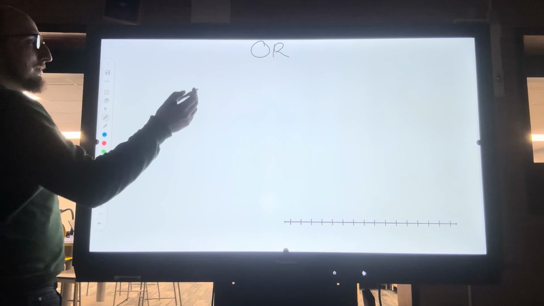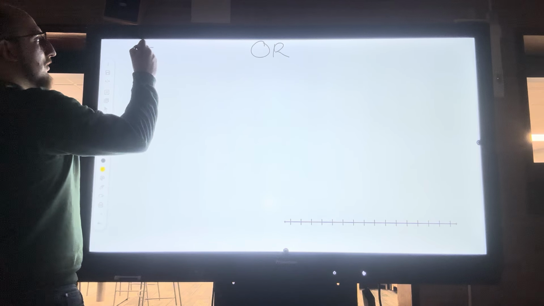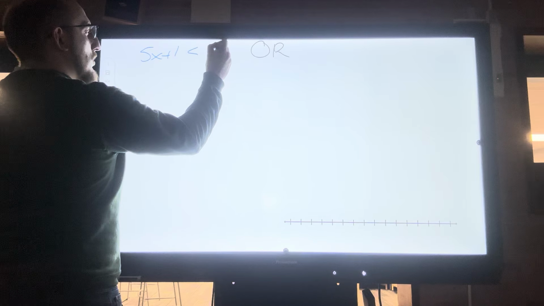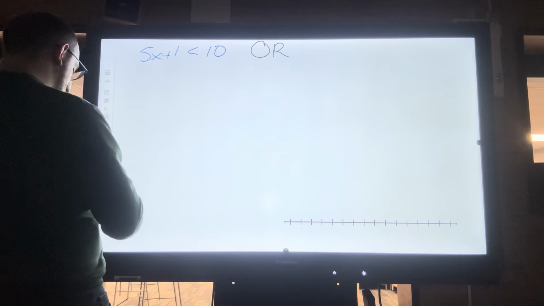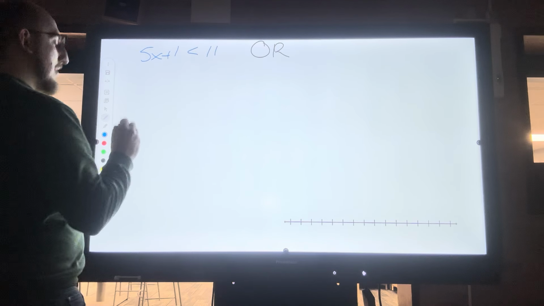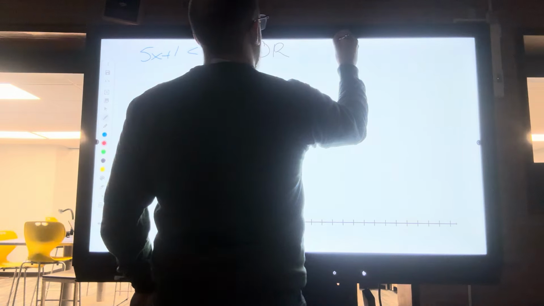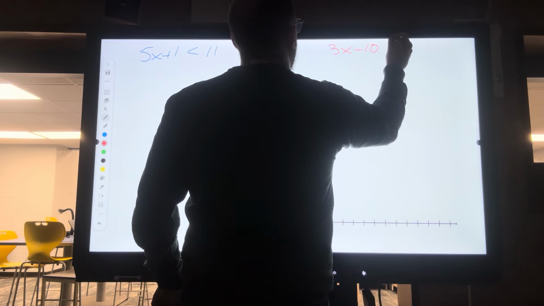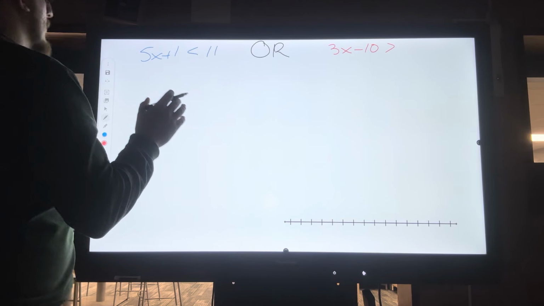That being the case, I'm going to have a blue equation. I don't want that to be a 0, I want that to be a 1. And then I'm going to have a red equation. I just got to make sure it works, right?